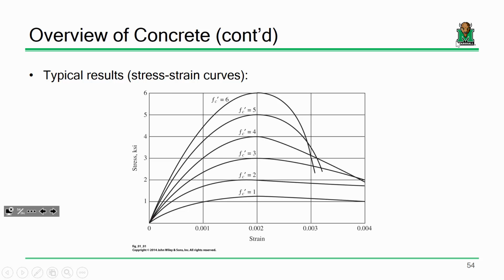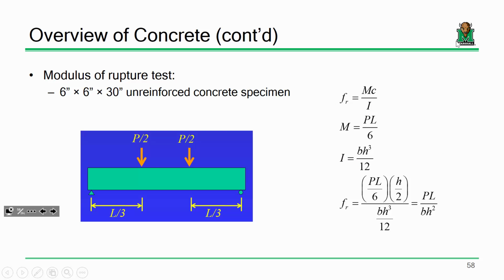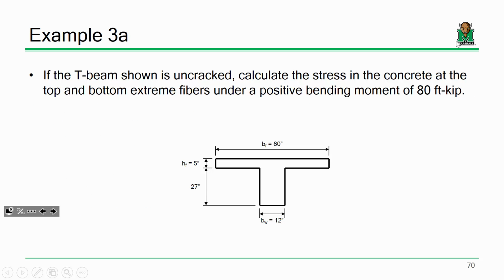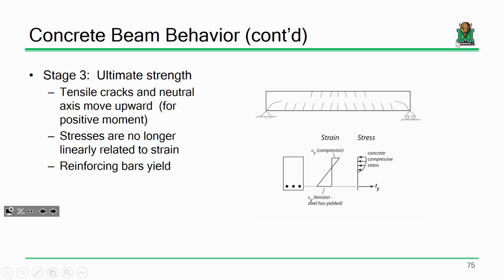Because keep in mind, ultimate capacity, we're talking about the stresses in the concrete beam at the very end, when it is done, when it can no longer carry load. So if you look at your bending stress profile, you should have a nonlinear curve, okay?